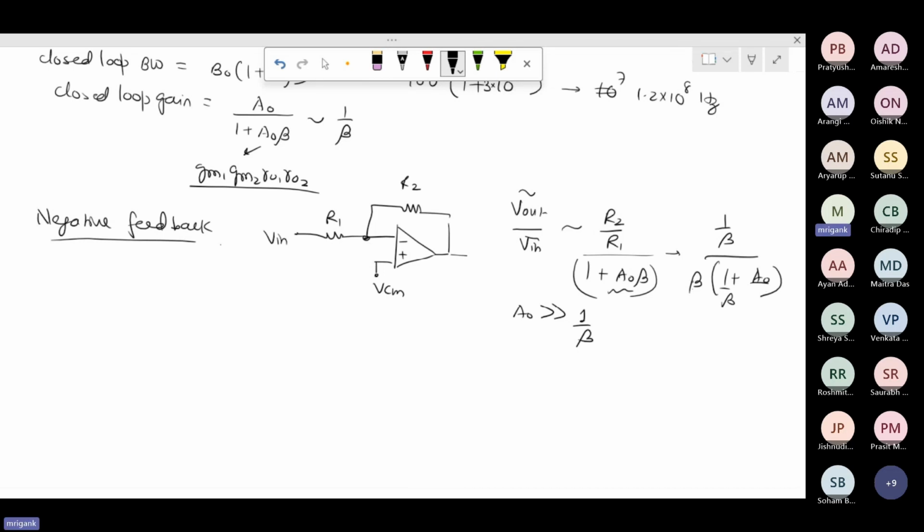Now I have the overall gain given by 1 upon beta times this particular factor. I want this factor to be negligible as compared to A naught, because A naught has to be much greater than 1 upon beta. If I want this factor to be negligible and the accuracy to be better than 1%, what should be the minimum value of A naught with respect to beta?